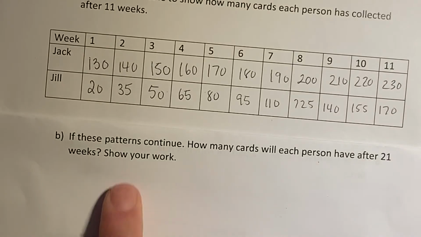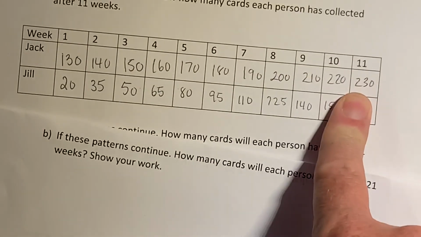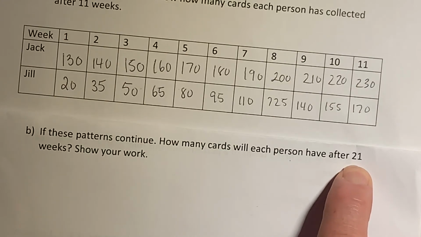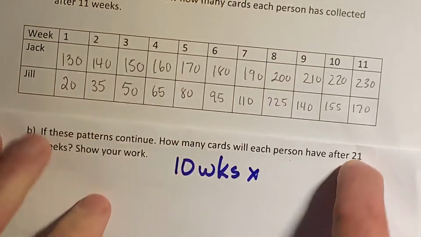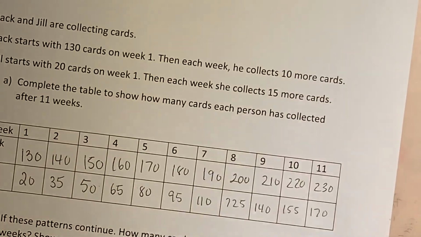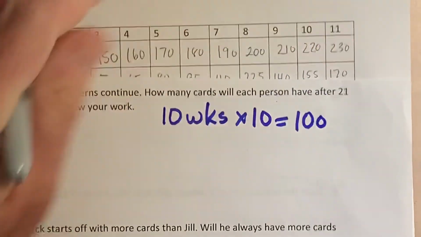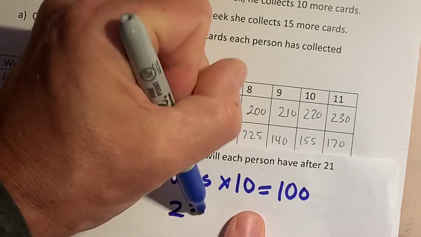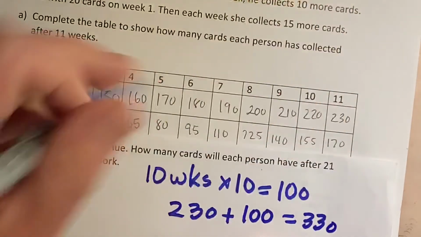Or the shortcut that we kind of just looked at with those other questions is to just understand this is 230, 11 weeks. 10 more weeks is going to be 10 weeks times 10 more cards each week. So that's 10 times 10. That gets you 100. So then if I'm taking 230, I'm just adding 100 to 230. That gets me 330.